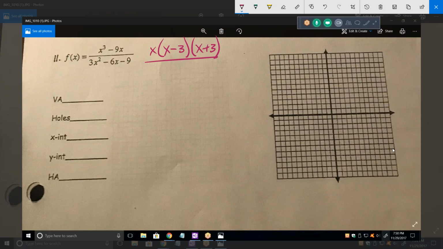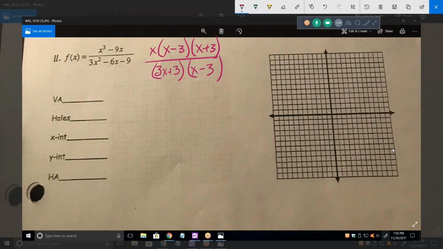All divided by, and I'm going to take a guess here, 3x. No, it's not going to factor, I don't think. 3x and x plus 3. Yeah, 3 works, doesn't it? So 3x plus 3, x minus 3, minus 3.